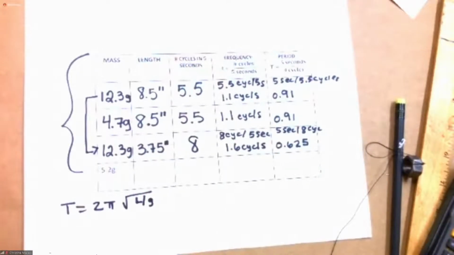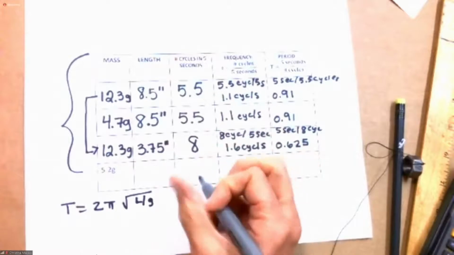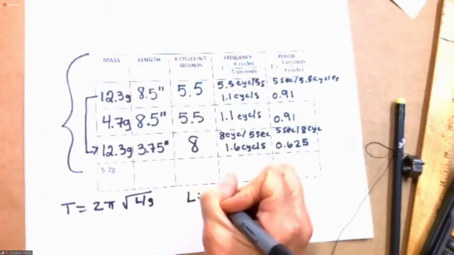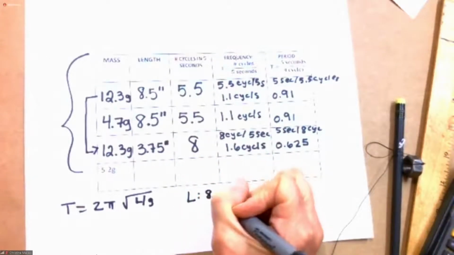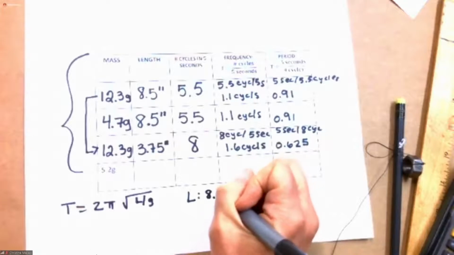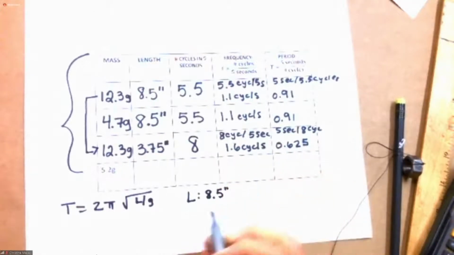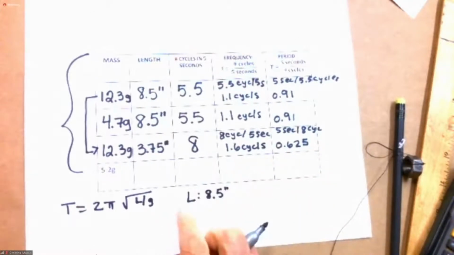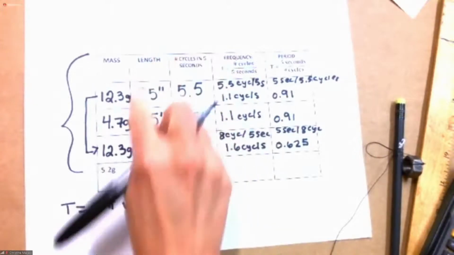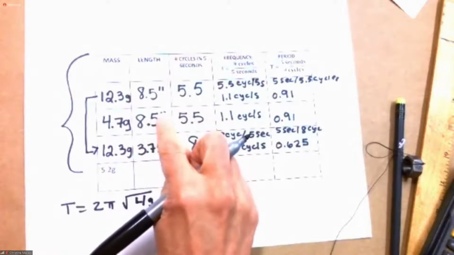All right, so when L was 8.5 inches, we can calculate the period for these two together.